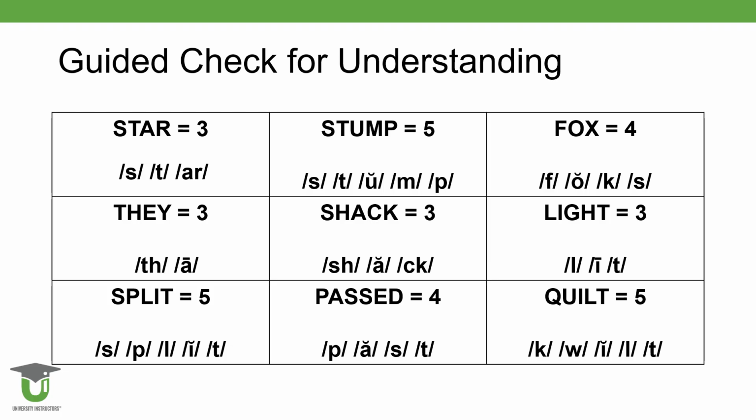Past, in this word, the ED ending represents one phoneme, the phoneme T. So past has 4 separate phonemes. And the word quilt has 5 phonemes because QU represents 2 different sounds, the K and the W. So how did you do?